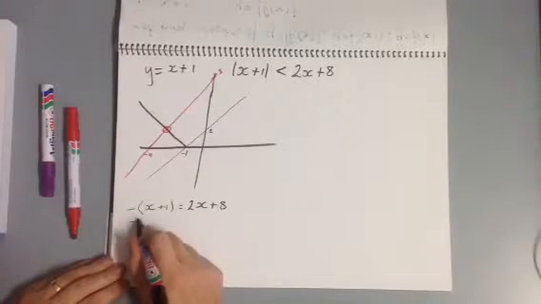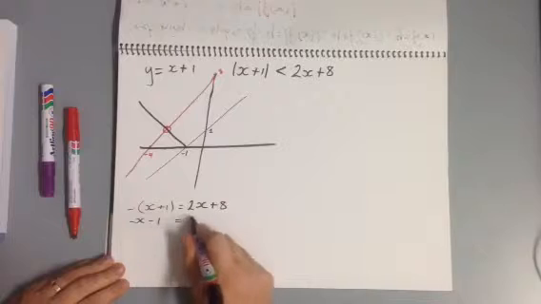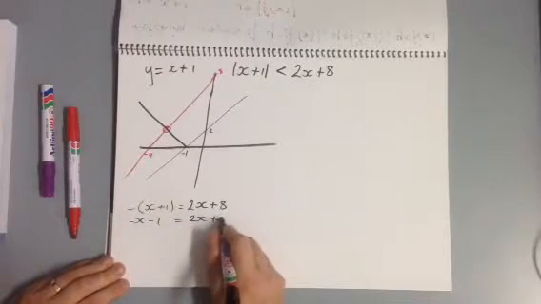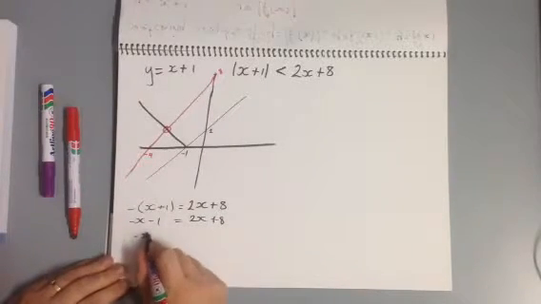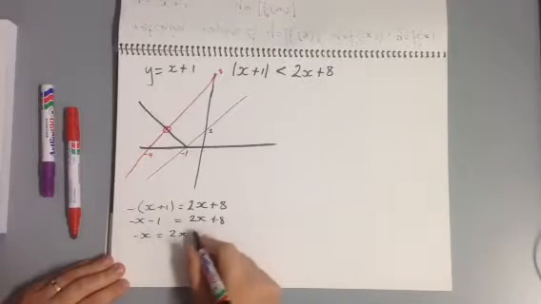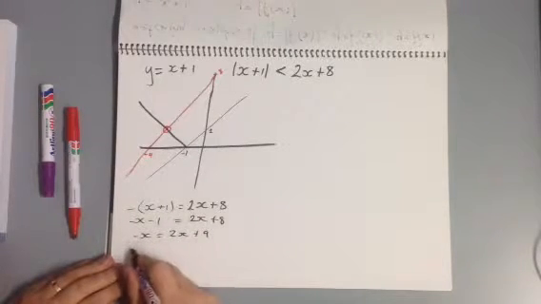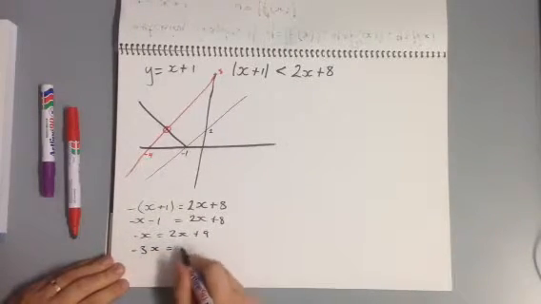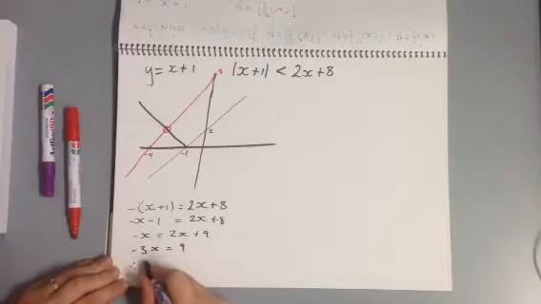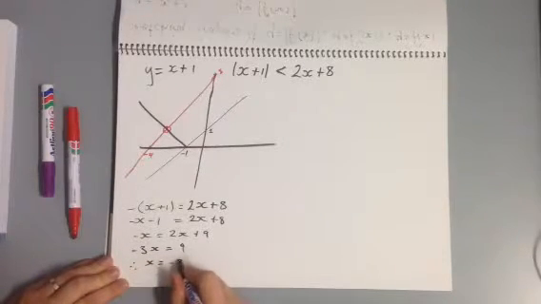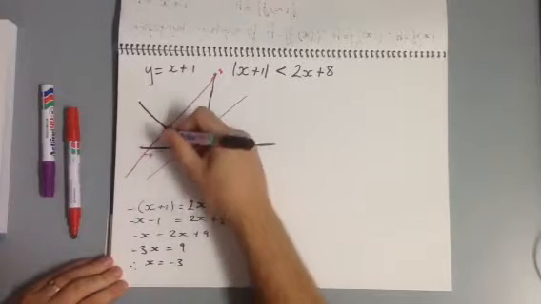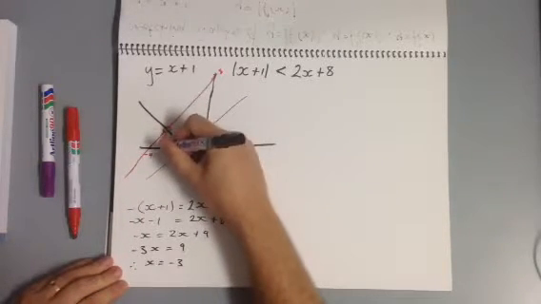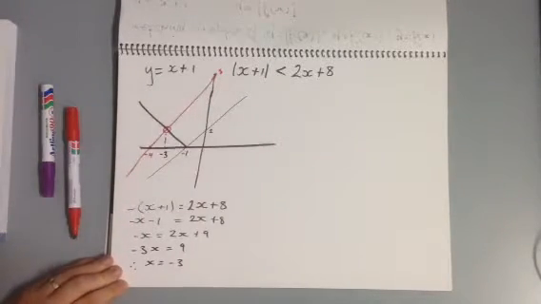So negative x take 1 equals 2x plus 8. A little rearranging, we get negative x equals 2x plus 9. So negative 3x equals 9. Therefore, x equals negative 3. So we know the x coordinate of this point there is negative 3.